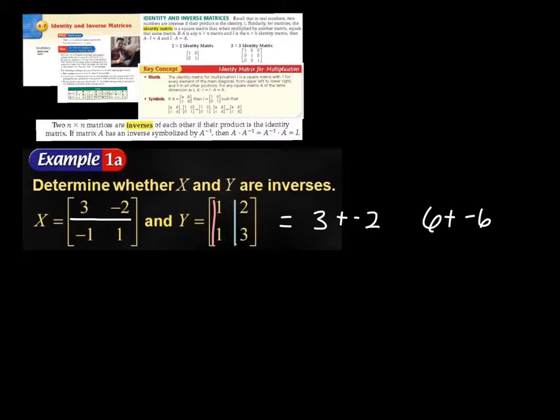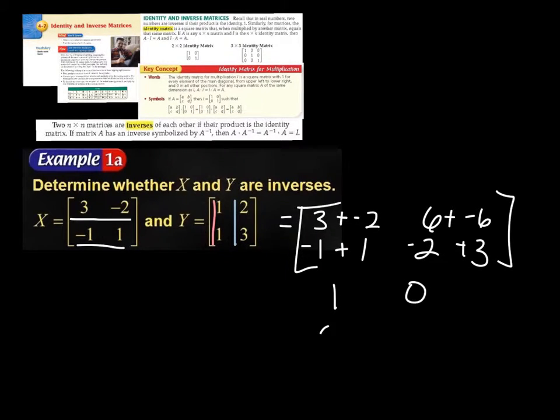Starting over, second row, first column: negative 1 times 1 is negative 1, and 1 times 1 is 1. Negative 1 times 2 is negative 2, and 1 times 3 is 3. So I get 1, 0, 0, 1. Okay, that's a good beginning.